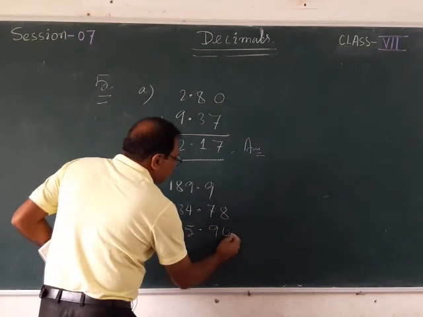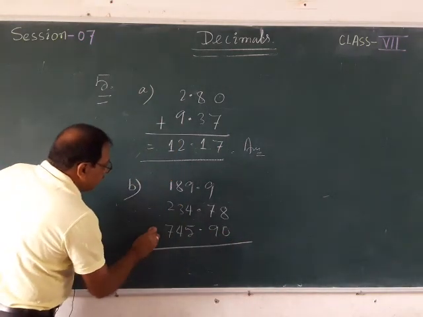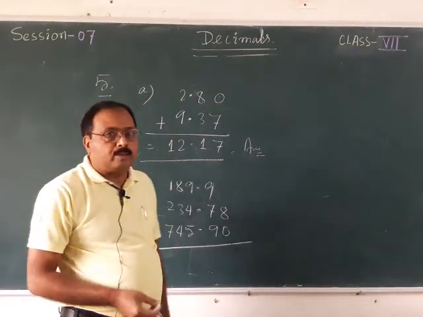745.90 here. So, as you can see, these are not like decimals. Like decimals means after the decimal the number of digits should be equal.